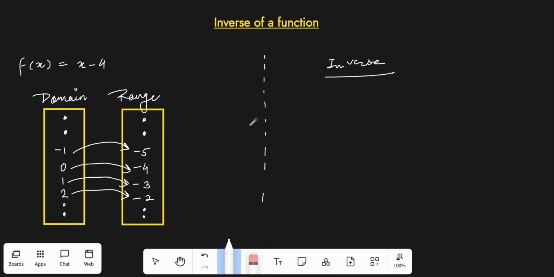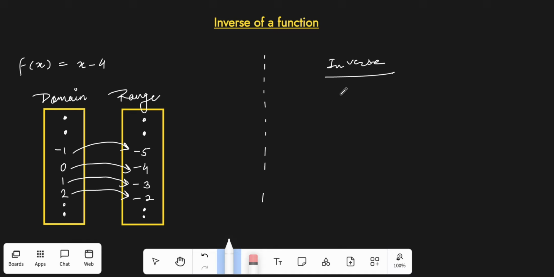And as the name suggests, inverse is going to do exactly the opposite of what f of x, our original function, does. So we know that our original function maps the value in its domain to the values in the range set.